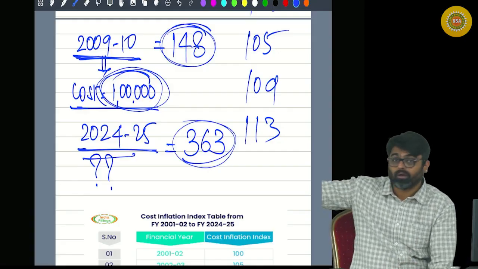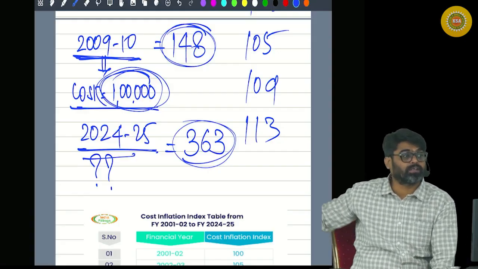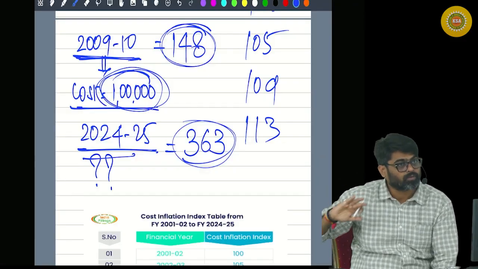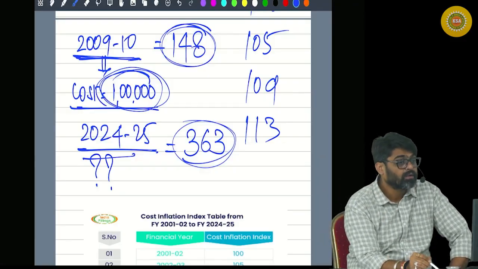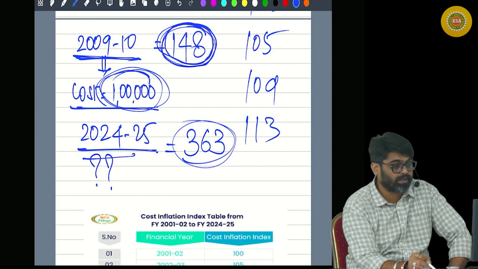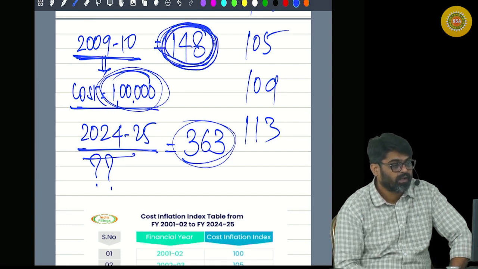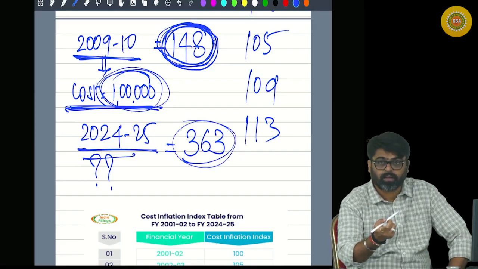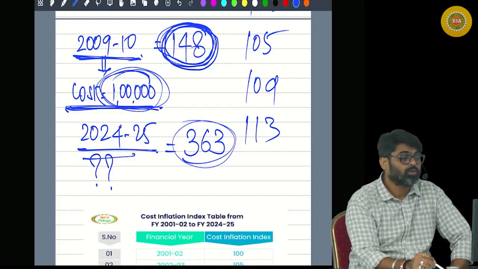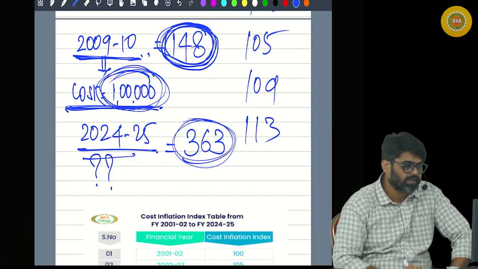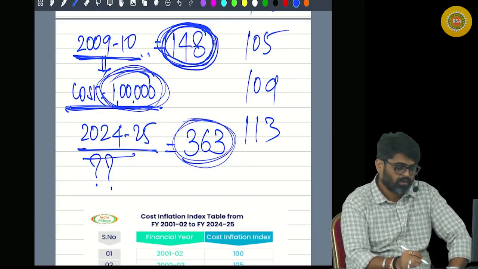So you are multiplying the CII of the transfer year, 24-25, and dividing the CII of the improvement year, the year in which you have done the improvement. This 1 lakh rupees was your cost of improvement, incurred in 2009-10. So what you did? 1 lakh into 363 divided by, tell me how much?